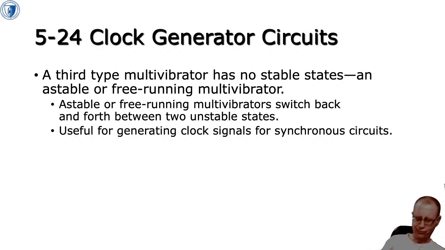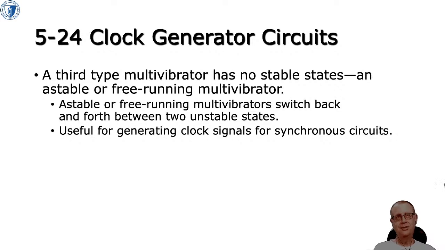Okay, so two things we've talked about so far. One of them is Schmitt triggers, one of them is monostables or one-shots. Next thing I want to talk about are clock generating circuits. These are all examples of multivibrators, right? That's why I'm talking about them all at the same time.